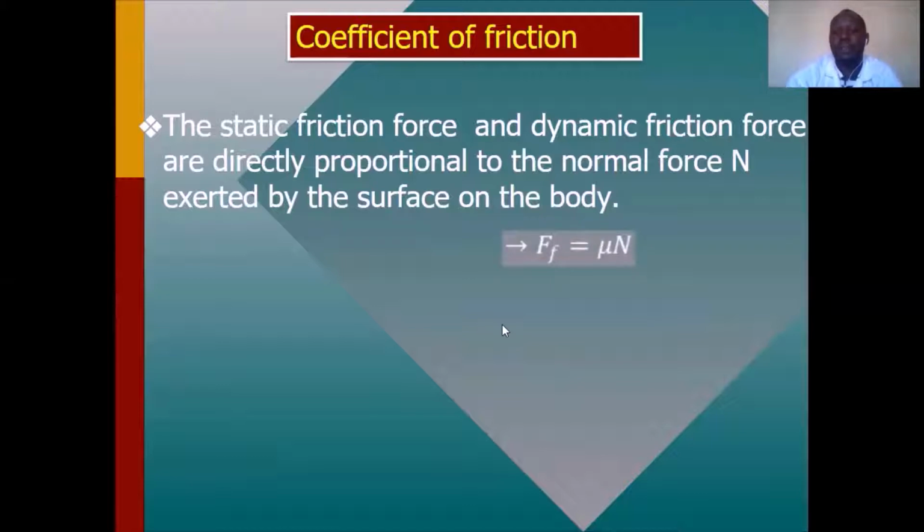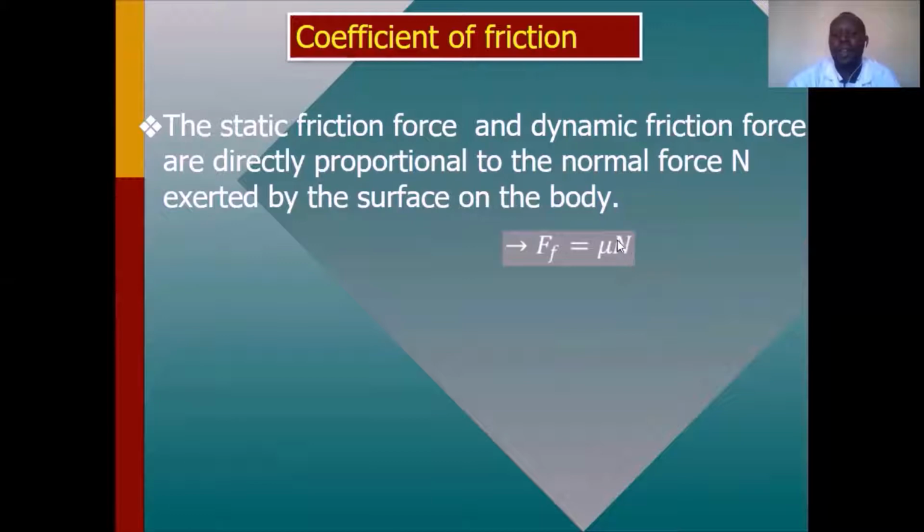So it means that when the friction force increases, the normal force also increases. So the normal and the friction force are proportional. When one increases, the other will increase proportionally.